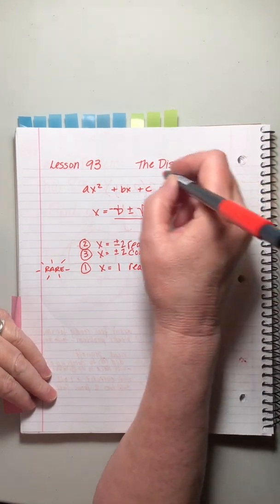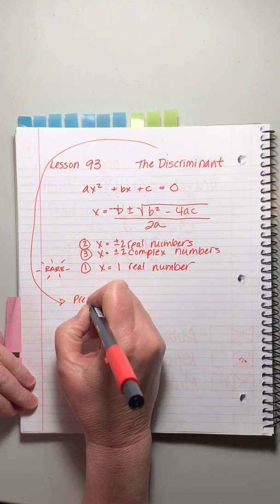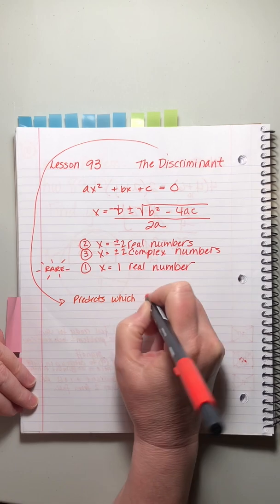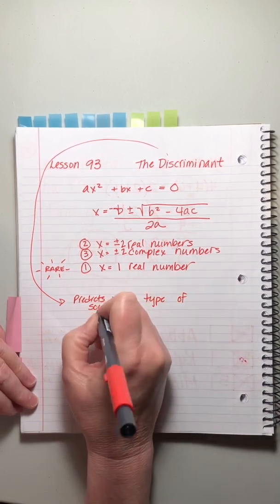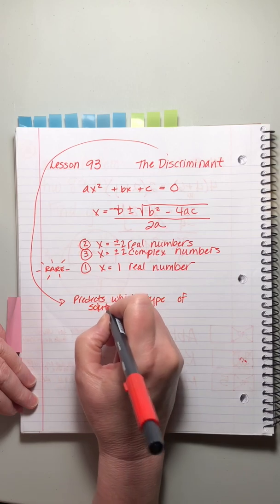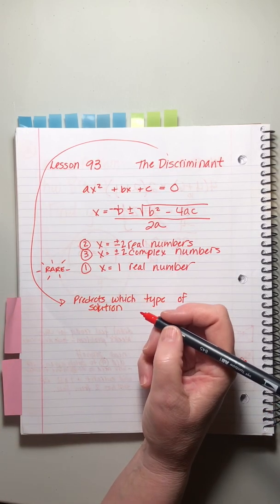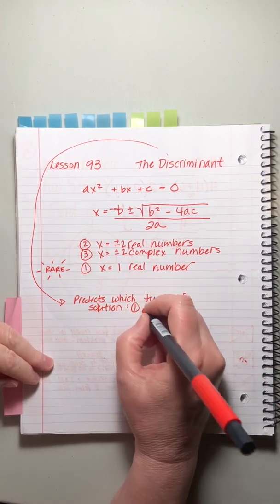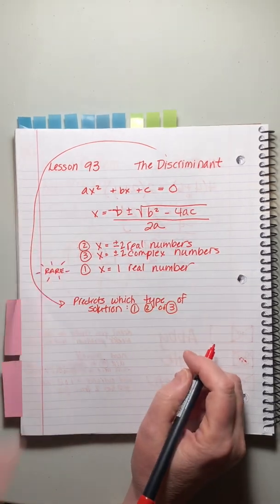That's what the discriminant does, it predicts which type of solution the particular expression will have, 1, 2, or 3, which relates to these.